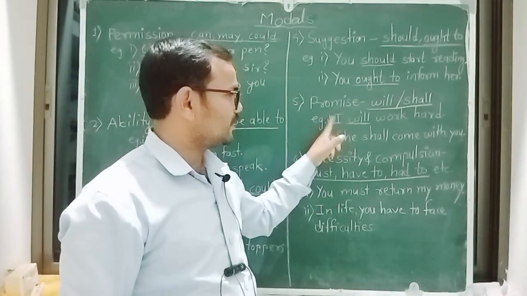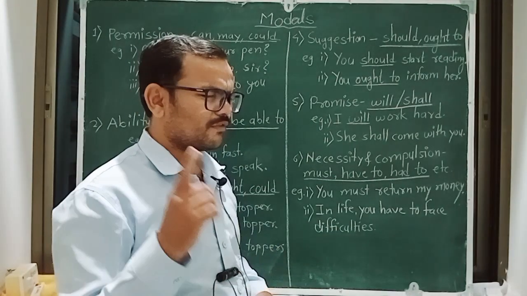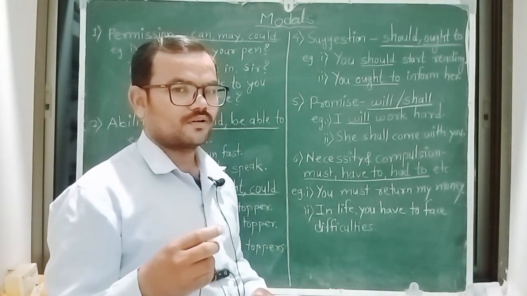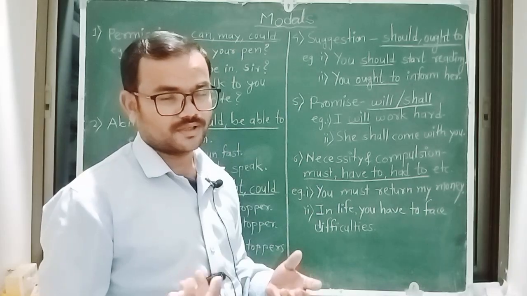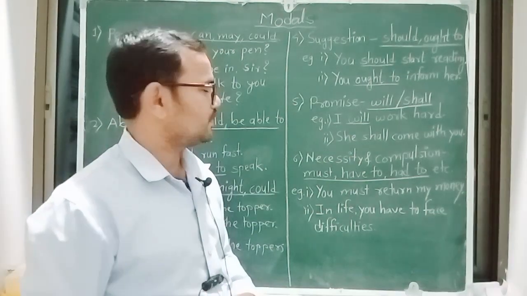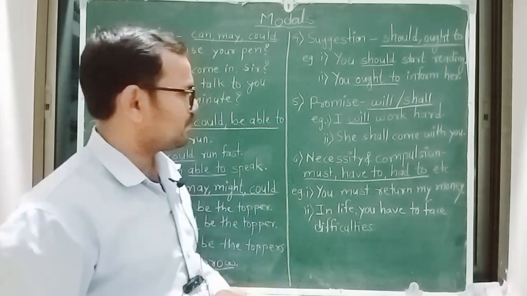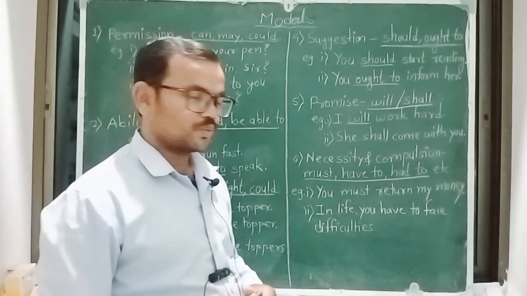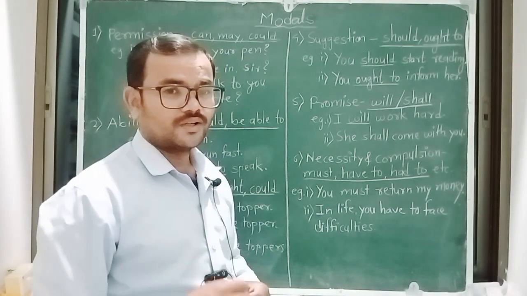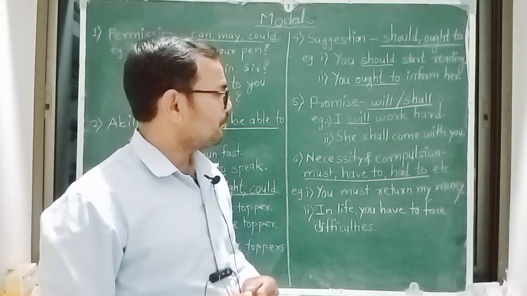If you have taken money from me, you must return my money. So must is necessity. The second example is: in life you have to face difficulties. Over here, have to indicates compulsion.